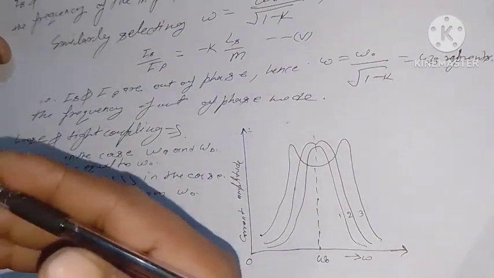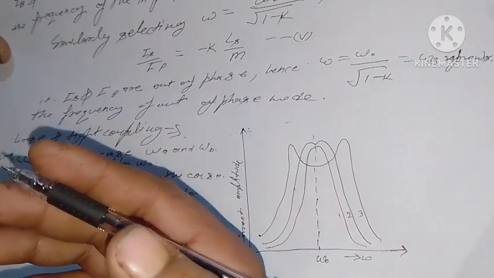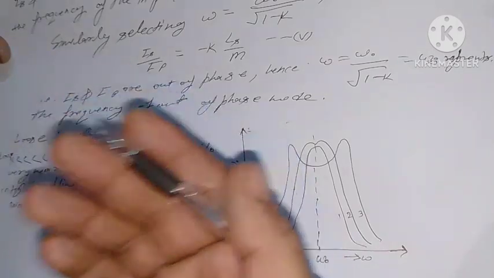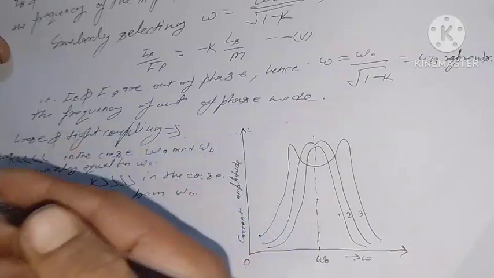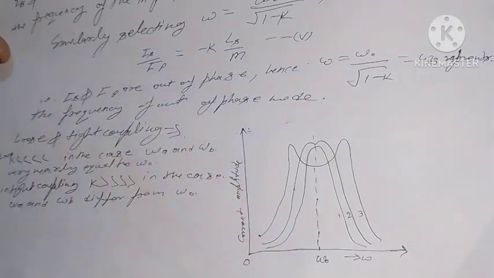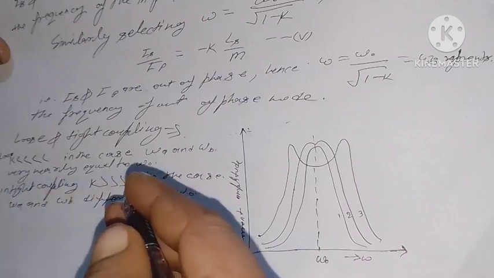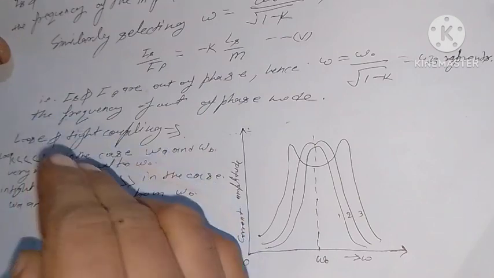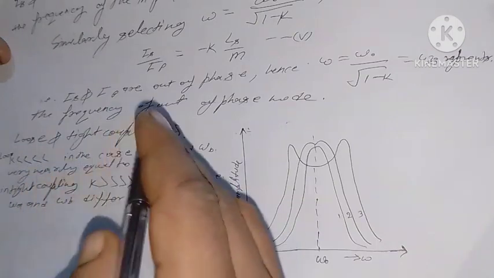The peak value of current and displacement and the dip between the peaks is more pronounced. The variation of current amplitude with driving force frequency omega for different values of K is shown in this figure.